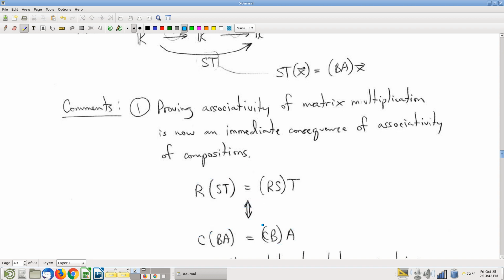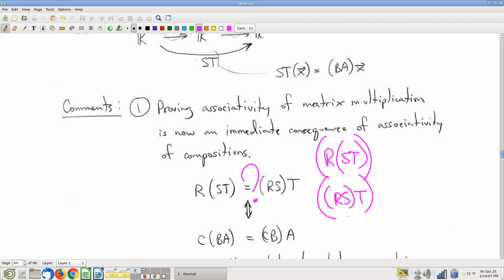And now I'm going to ask, well, why does this work? Why is it associative when you multiply linear transformations? Think back to section 5.2. The way we prove this property is we write down the two functions in question. These are the two things that I want to show are equal.